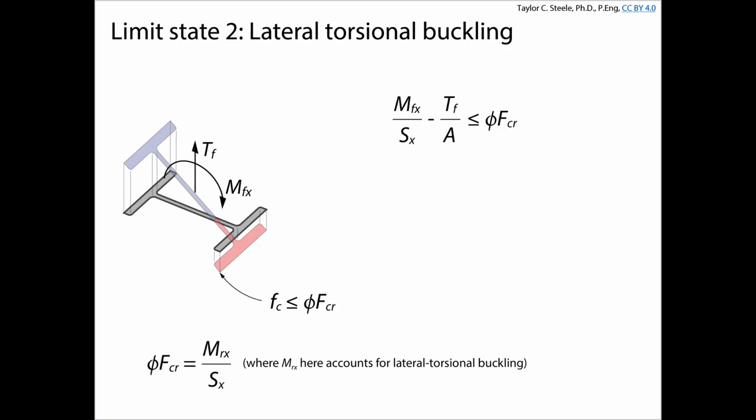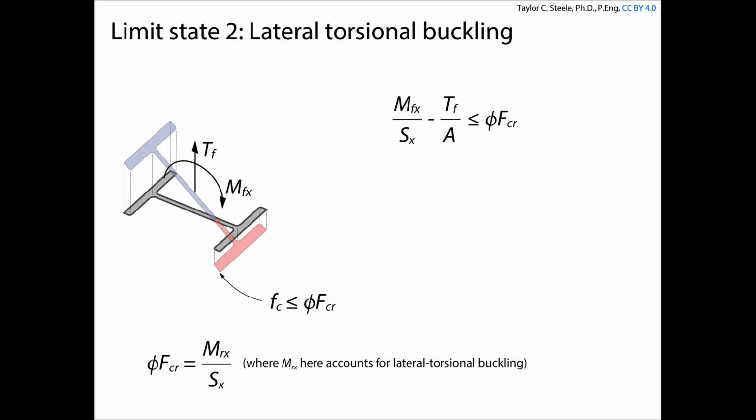Or we could get to the fully plastic state. But in our case, we're assuming that the compressive stress in the flange is going to cause one of these two things to happen: either elastic lateral torsional buckling, where MR is phi MU, or inelastic lateral torsional buckling, where MR is calculated using this equation.